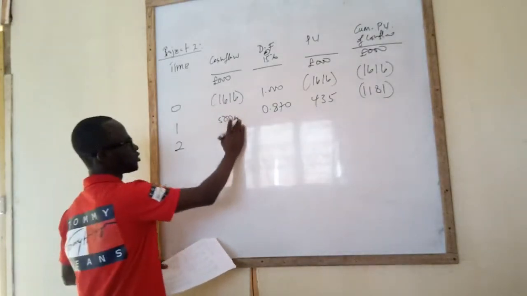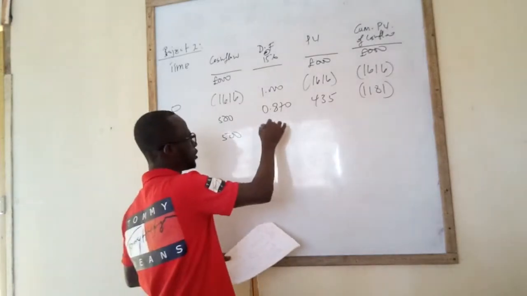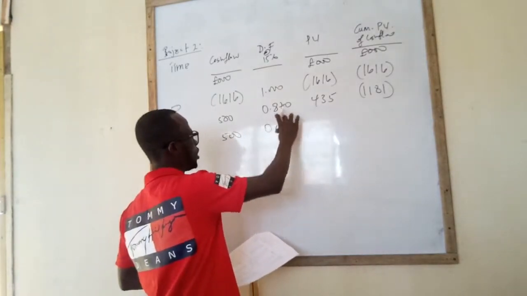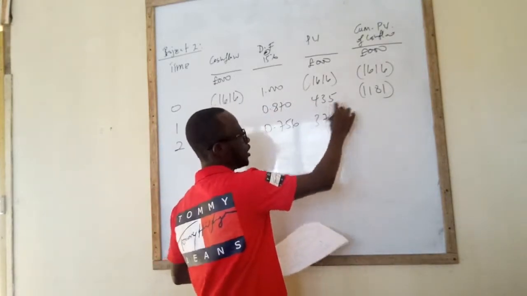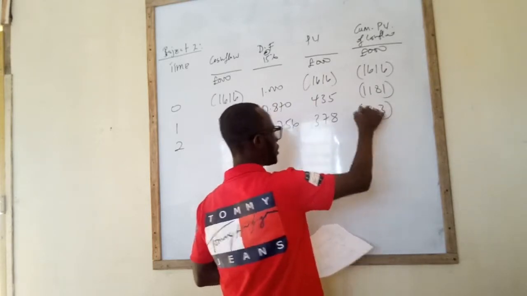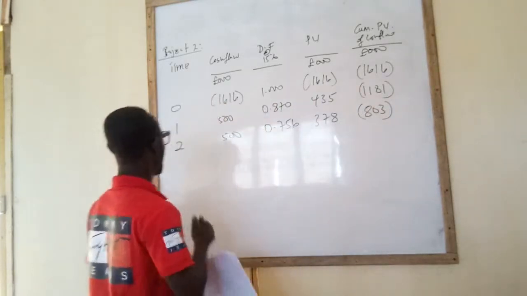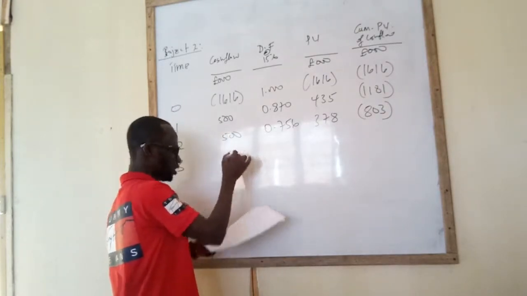Year 2, we're going to be receiving 500,000. Discount factor is 0.756. When we multiply, we will get 378, and that will reduce it to 803, still negative.